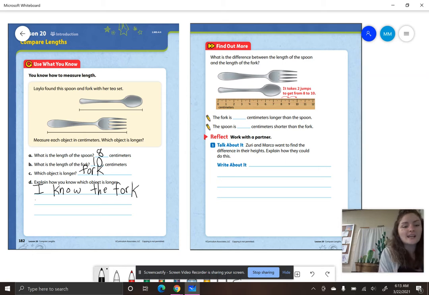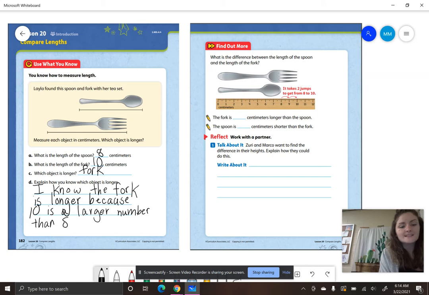I know the fork is longer because, remember we use that word because when we are answering why questions or when we are explaining something. I know the fork is longer because 10 is a larger number than 8. And I make sure to end with punctuation.